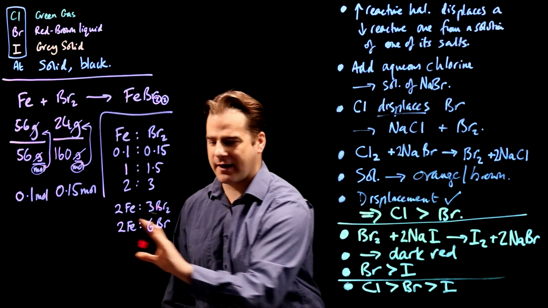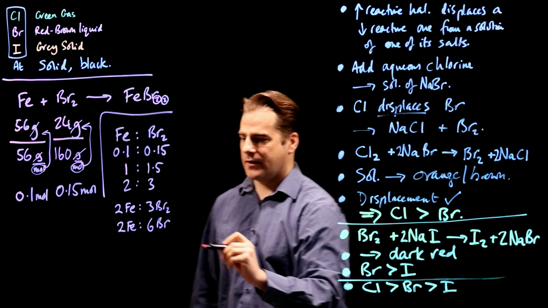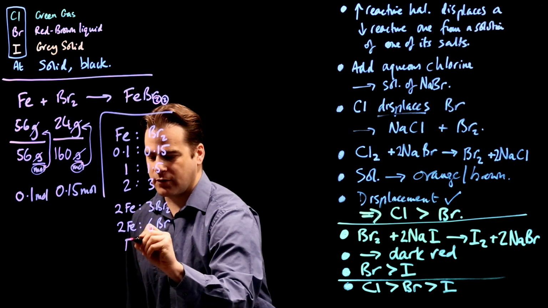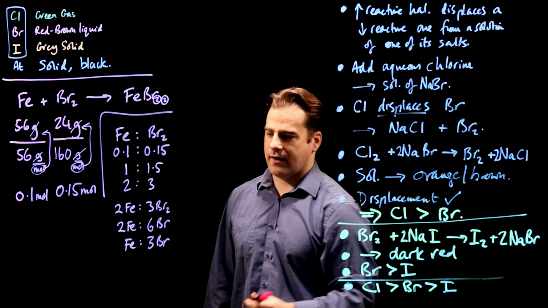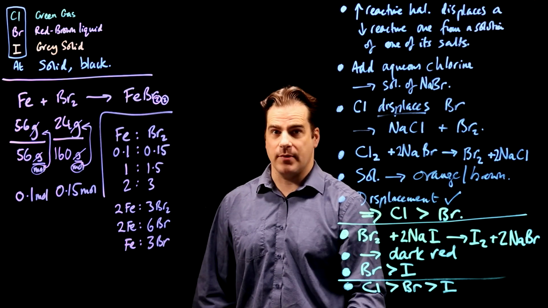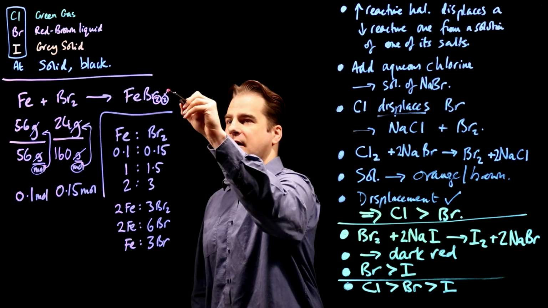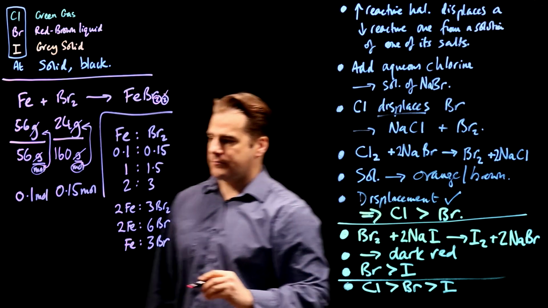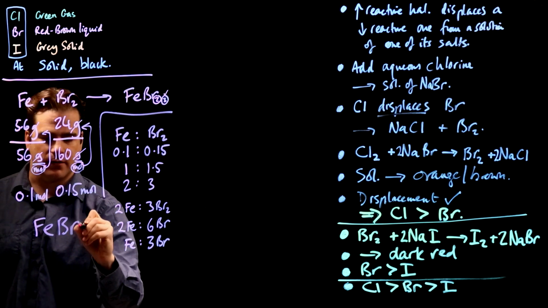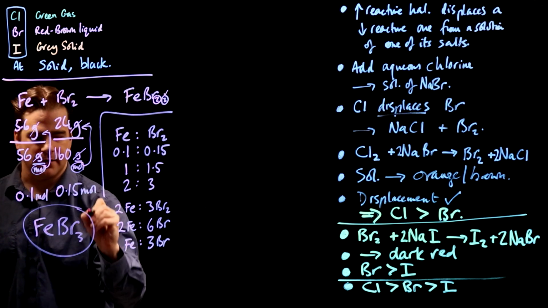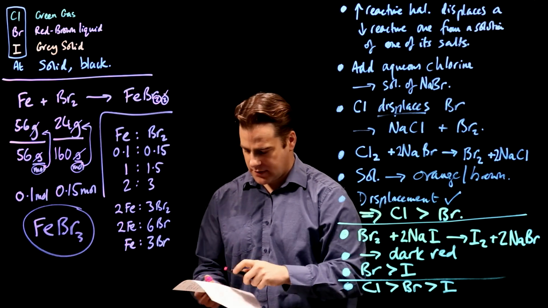This is purely a mathematical thing to get the ratio of atoms. So 2 of those to 6 is the same as 1 of those to 3 of those. There's 1 ion for every 3 bromines. So therefore it's that one. It's FeBr3. So it's 1 ion for 3 bromines. Okay, good.